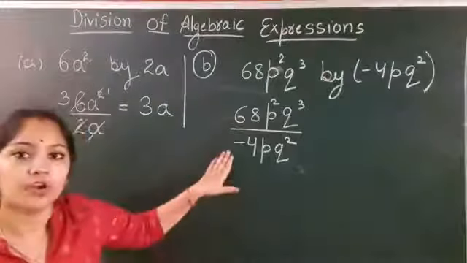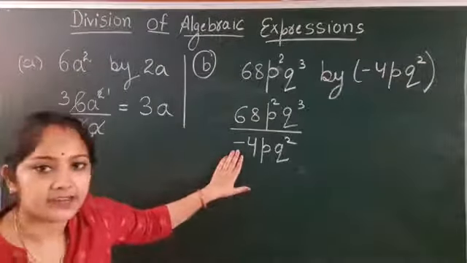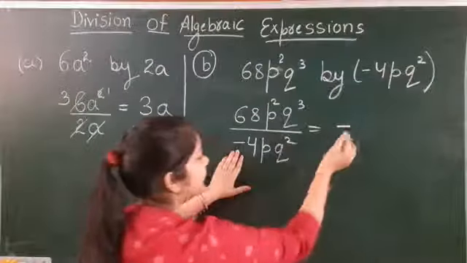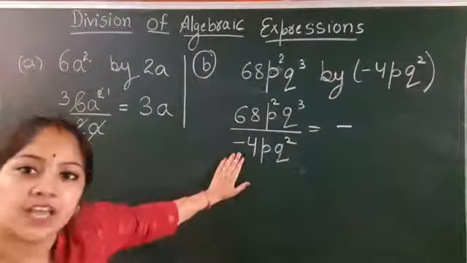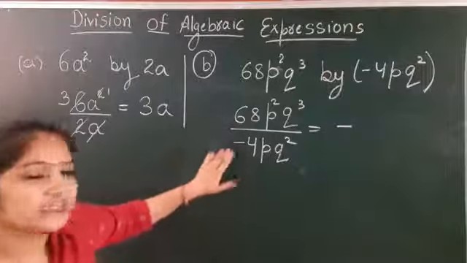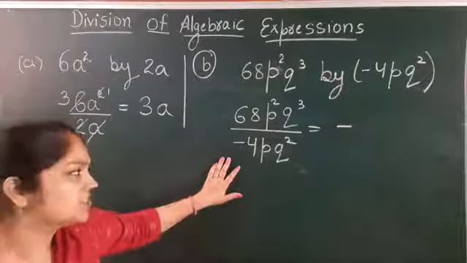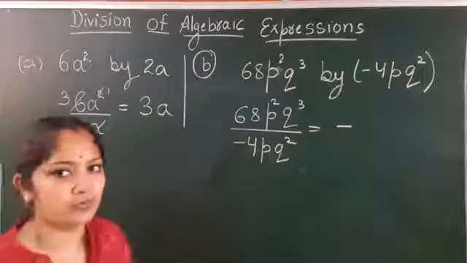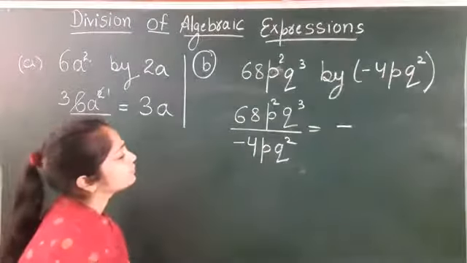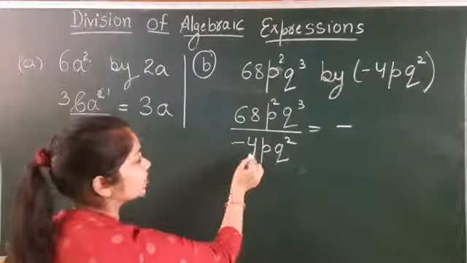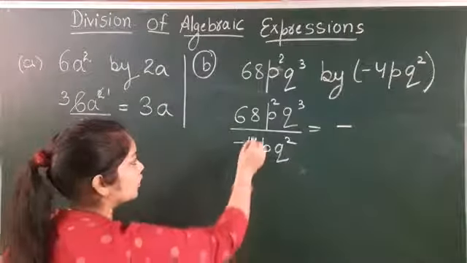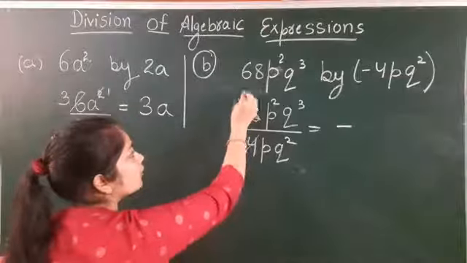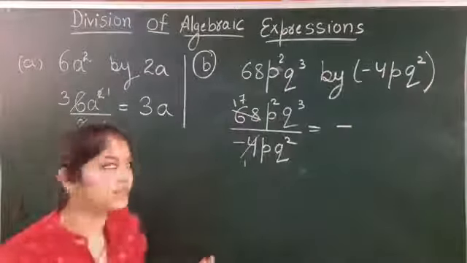Here your denominator is negative, so your answer will become negative. You can write this negative sign with the numerator as well as denominator, but generally we write our negative sign with the numerator only. Okay. So we will divide 68 by 4. What you will get? 4 ones are 4. 4 sevens are 28, right?